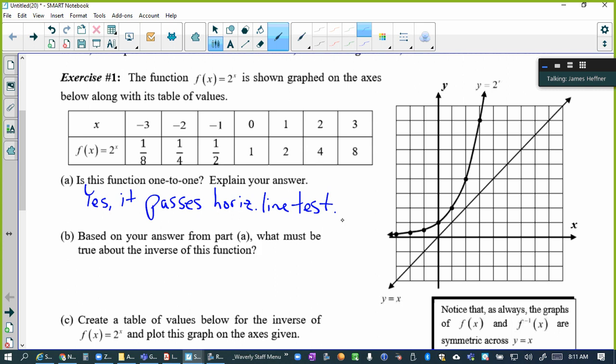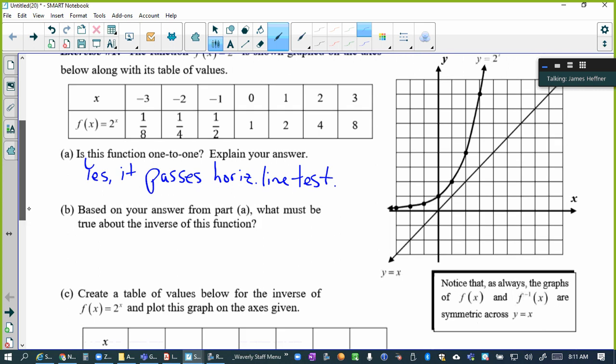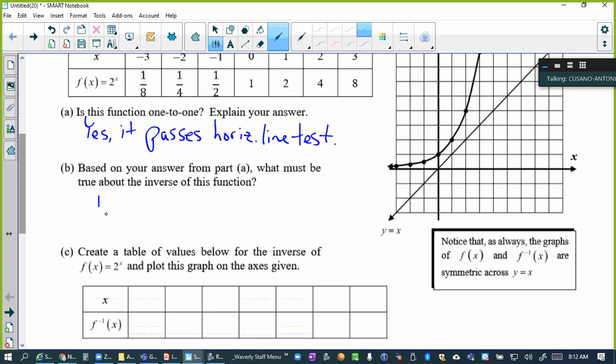Okay, that's easy enough. All right, so based on our answers from part A, what must be true about the inverse? Well, if the function's 1-to-1, then the inverse must be a 1-to-1 as well. Maybe, but at the very least, it is a function, right? It would pass the vertical line test.